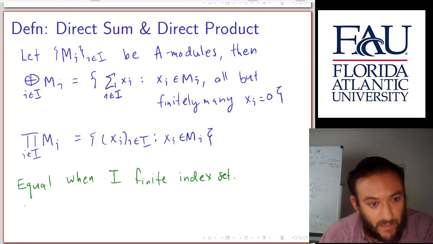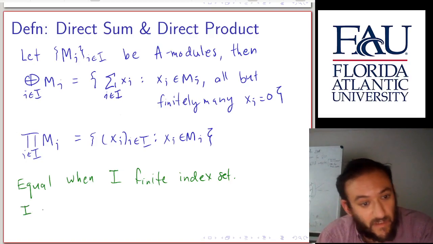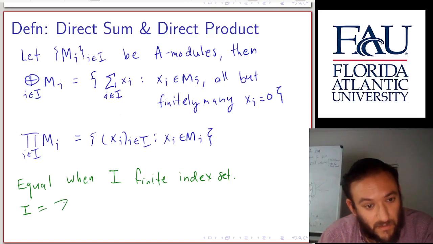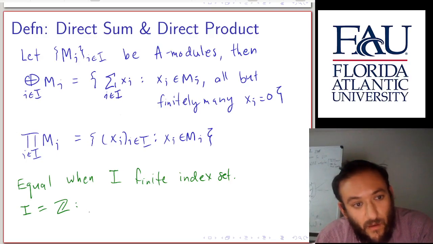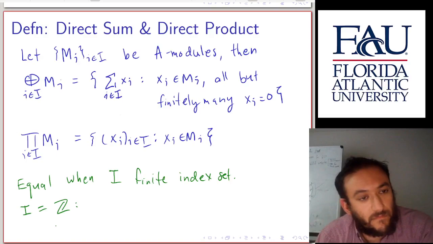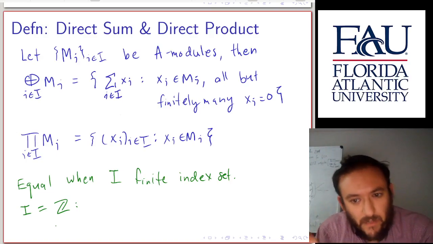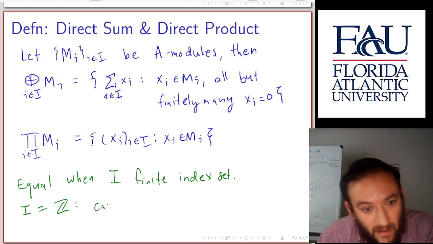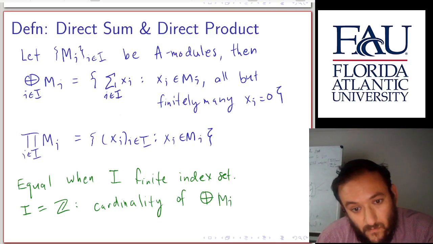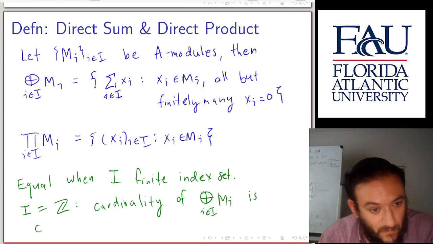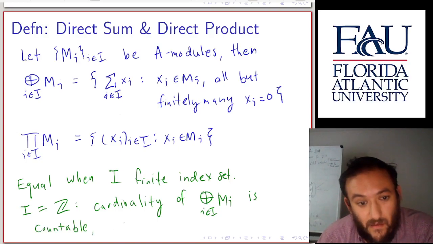But if you take, for instance, I to be a countable infinity, so I equals Z, for instance, and let's say we have some non-trivial module, then the cardinality of the direct sum is going to be countable, whereas the cardinality of the product is uncountable.